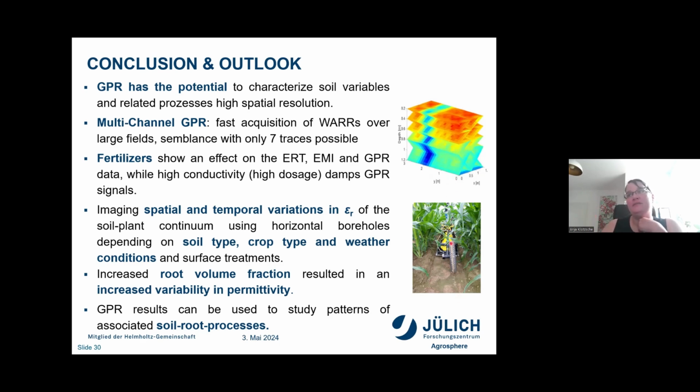And then also here, that's a nice image of one of the tests that we already did in Klein-Altendorf, that we also really want to bring this now to the field to see what we can do. Of course, such measurements are not possible in wheat, but like for corn, you see this is some idea how we could do it in future as well, to see also the changes over time, even when the plants are growing.